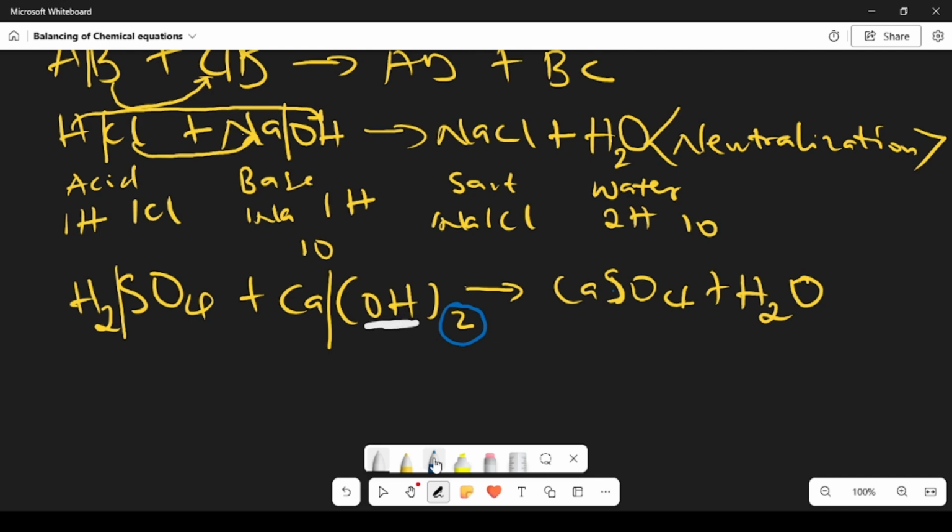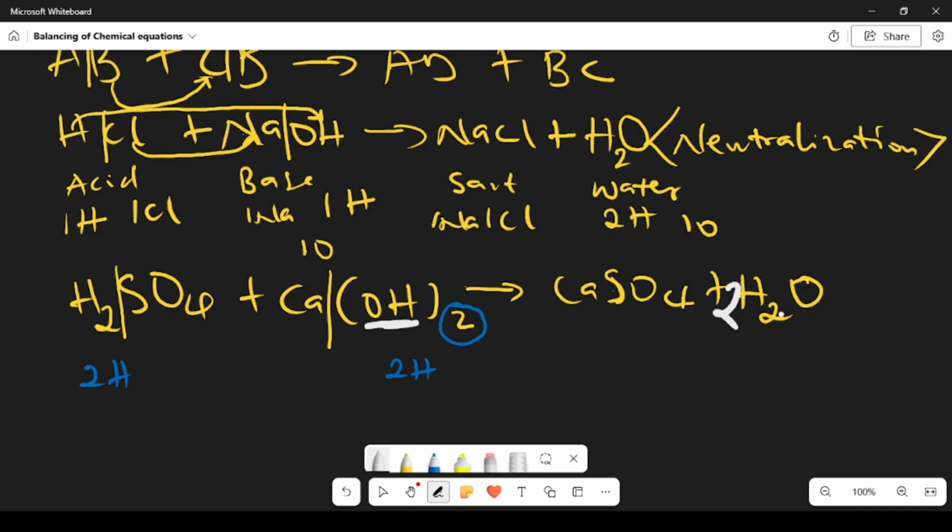So if you have 2 atoms of hydrogen here and 2 atoms of hydrogen here, it means you have a total of 4 atoms of hydrogen. And you must give hydrogen at the product side 4 atoms, else you fail the balancing. And to do that, you come and add 2 here.